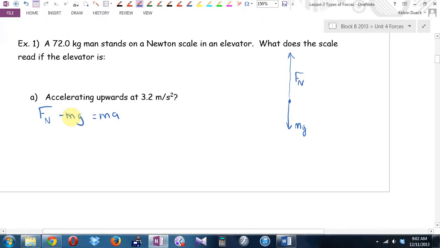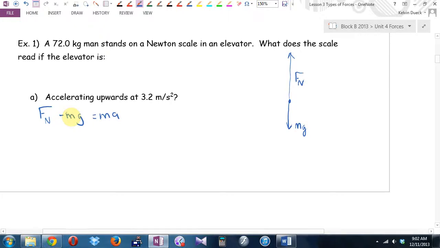Because that's the floor pushing him up, is it not? We said the floor or the surface pushing you up is called the normal force. Acceleration's an acceleration, not a force. Acceleration doesn't go on my free body diagram, but Olivia, the fact that they told me the acceleration was up told me to draw the normal force longer, right?